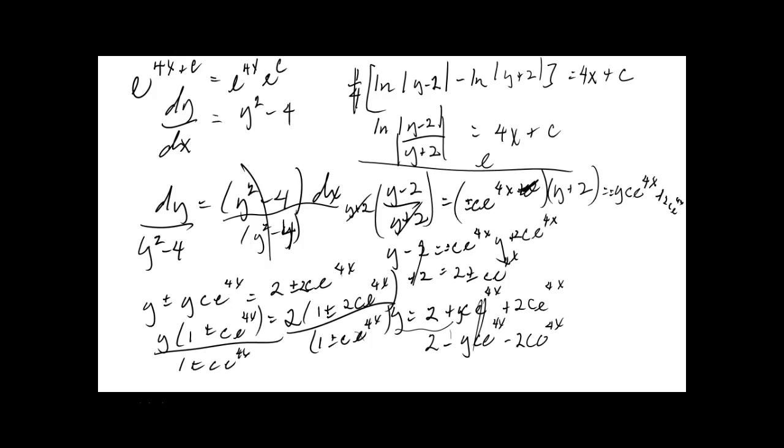So that's why here they leave this, when these go out, here's what their answer is. Y is equal to 2 times 1, and it really doesn't matter which you put where. I guess they put the plus on top. Plus ce to the 4x over 1 minus ce to the 4x.